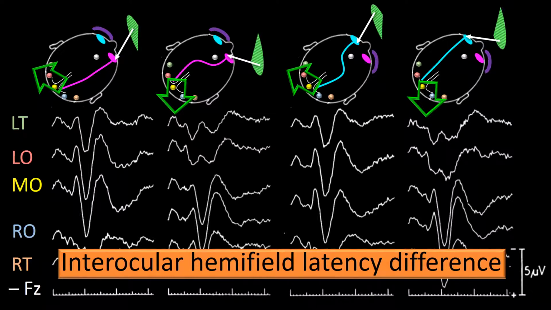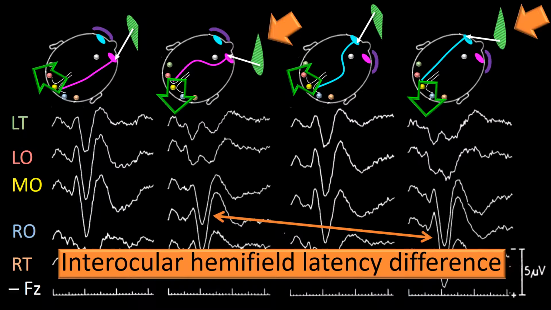This consists of comparing the latencies of P100 produced by the right half visual field stimulation of each eye. The arrow indicates the two right-sided hemifields being compared during interocular hemifield latency difference estimation.